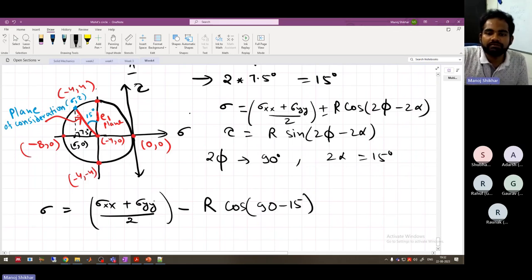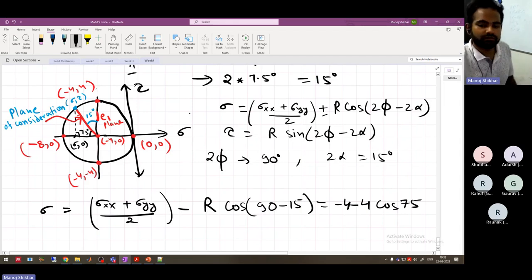So this is -4 minus 4 cos 75. So what is cos 75?